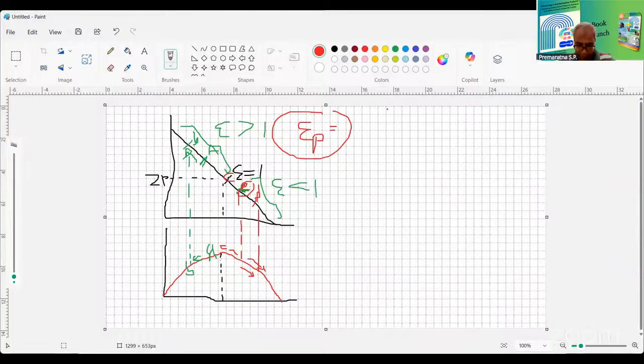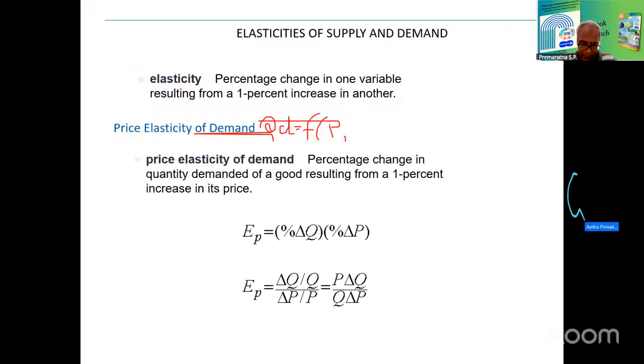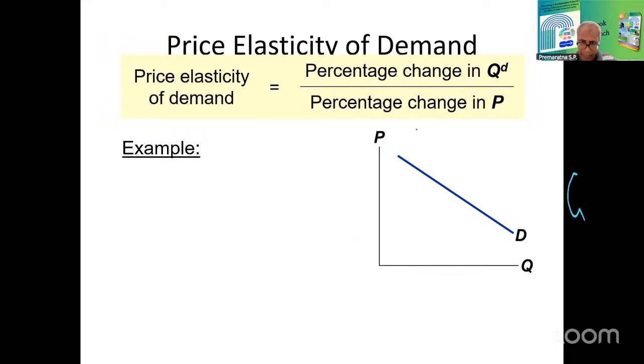Yeah. So this is the price elasticity. I showed you how to measure it, how to get it. And this is the first exercise I did with you: the percentage change in the quantity divided by the percentage change in price. You can measure the elasticity.